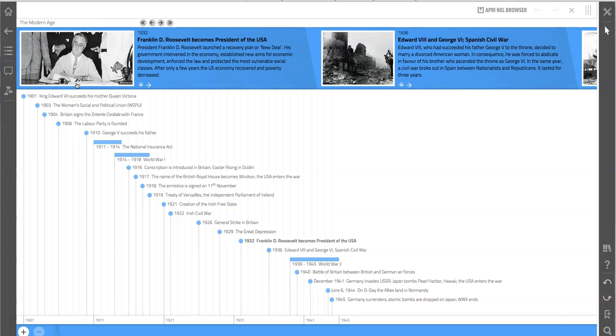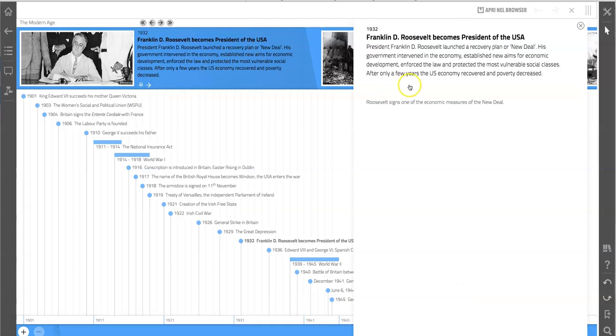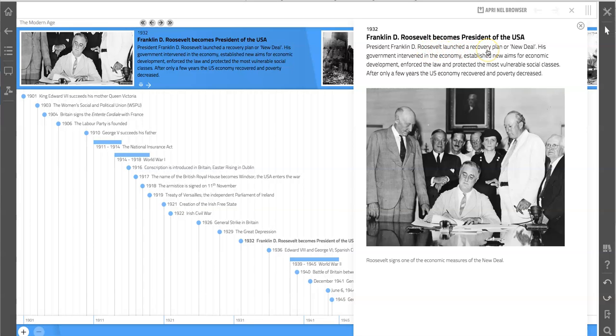Franklin Roosevelt became president of the USA, and he launched a recovery plan, also called the New Deal. His government intervened in the economy, and he established new aims for economic development.